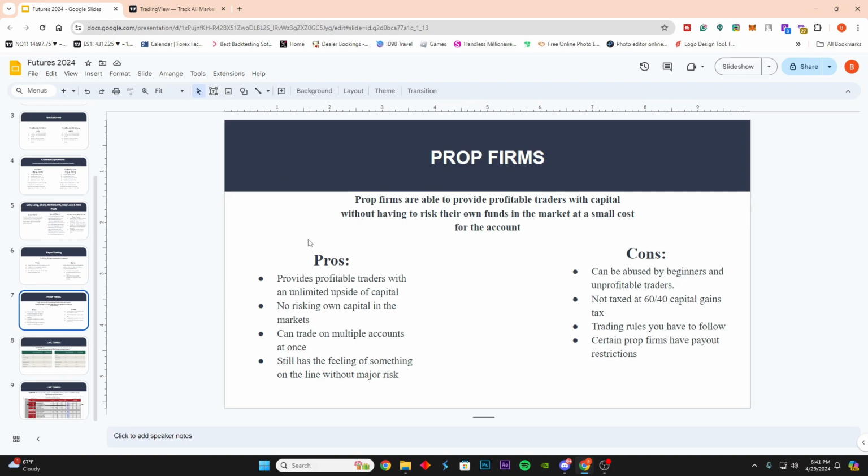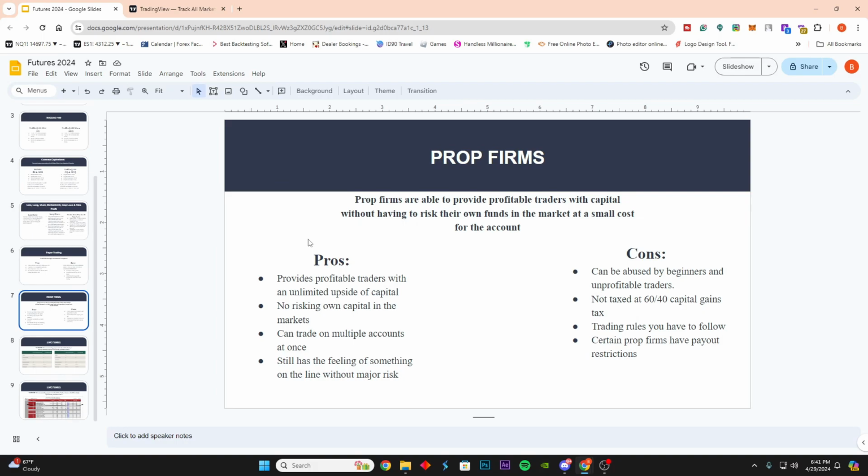And then one of the biggest things people care about is that certain popular prop firms have payout restrictions. There are restrictions such as you need to make a certain amount in a certain number of days, and then after you get a payout, you have to make that same amount in that same number of days again in order to get another payout.